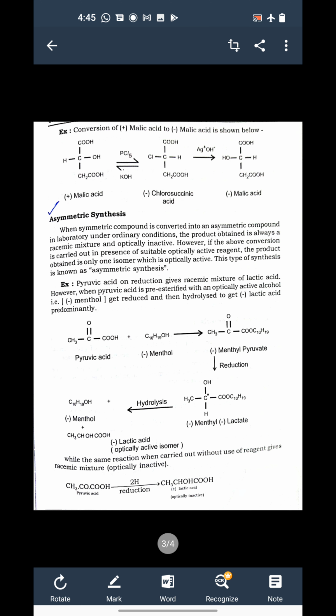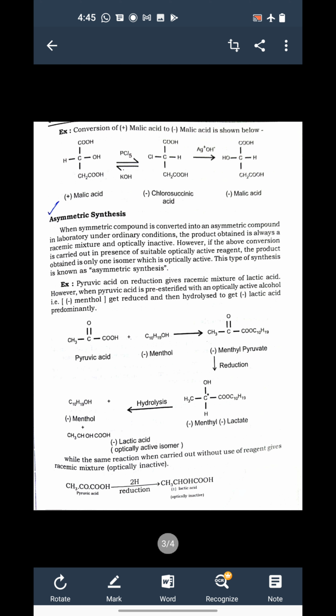Now the next, that minus chlorosuccinic acid undergoes hydroxylation in presence of silver hydroxide. And what we get is the same configuration, we get minus malic acid, means we are starting from a minus compound, we are also getting a minus compound. So here the configuration is retained, it remains the same. So it is called retention of the configuration.